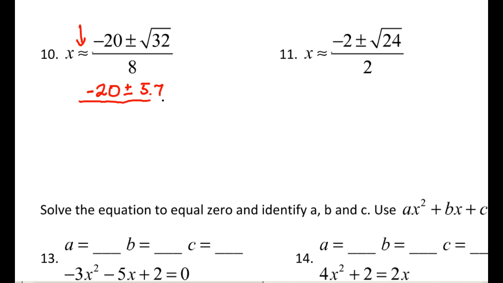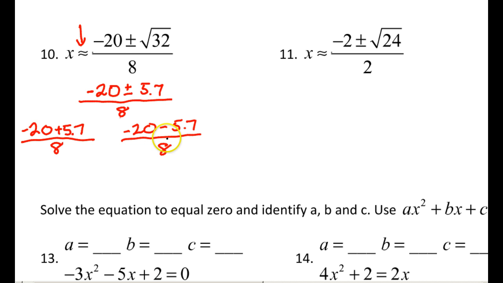And now you have to do 2 of these. What is negative 20 plus 5.7 divided by 8? And what is negative 20 minus 5.7 divided by 8? So to be clear, how did I go from square root of 32 to 5.7?